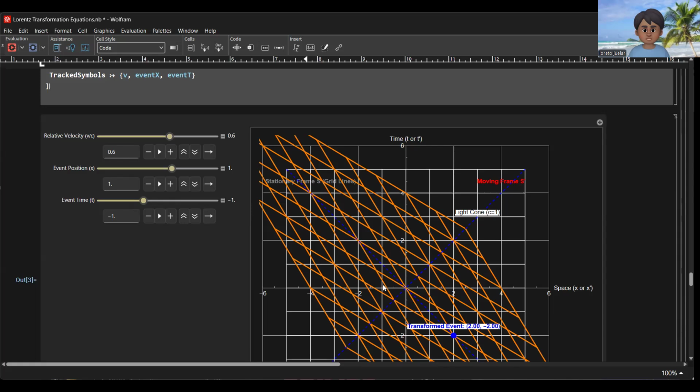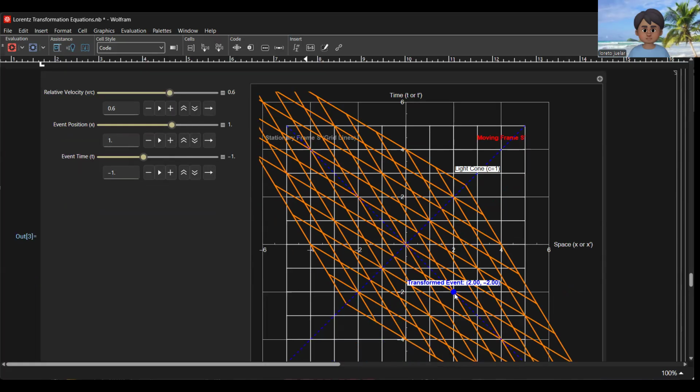So if we transform this using the Lorentz transformation equation, we get x prime equal to 2.0 and t prime equal to negative 2.0. So from the reference of the S, the S prime is this one. So this is a positive 2 and negative 2 here.